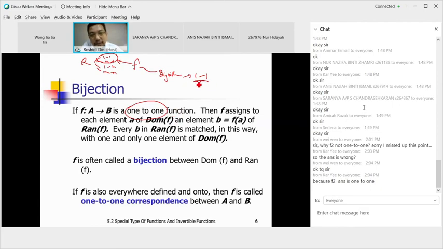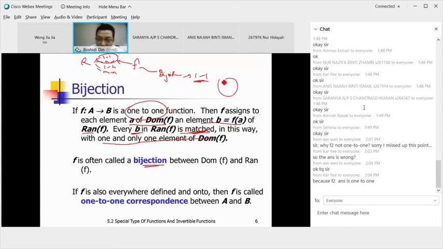So if we have a function A mapping to B that is a one-to-one function, we call it bijection. The F assigns each element A of the domain to an element B in the range, so every B in the range is matched with only one element of the domain. That's what we call bijection.